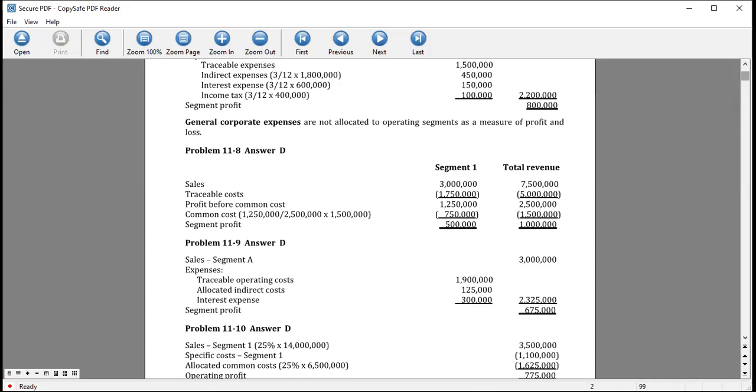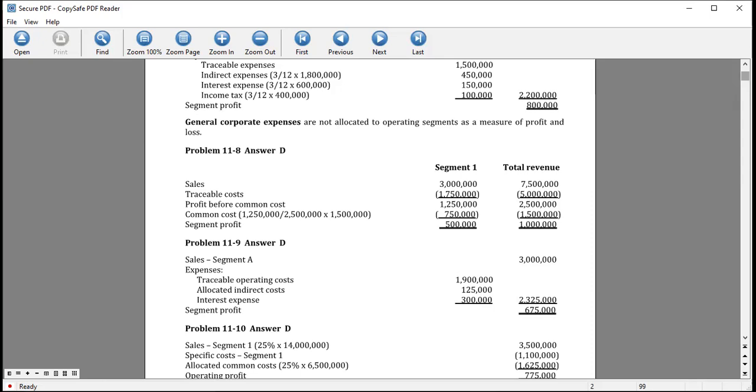So in 11-8, we have sales of segment 1. Sales are 7.5 million, segment 1 contributed 40%. So in other words, sales of segment 1 is 3 million.